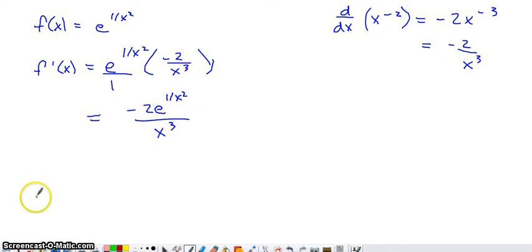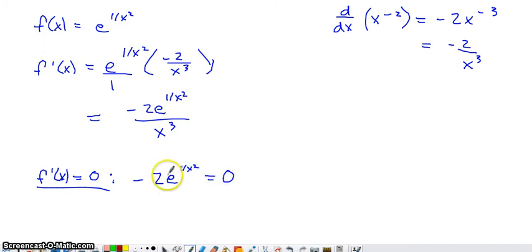I want to build a sign chart for my derivative, so I'm going to have to figure out when my derivative is equal to 0. What are my critical numbers, basically? So if I set negative 2e to the 1 over x squared equal to 0, I'm going to try to isolate this x. I'm going to divide both sides by negative 2.